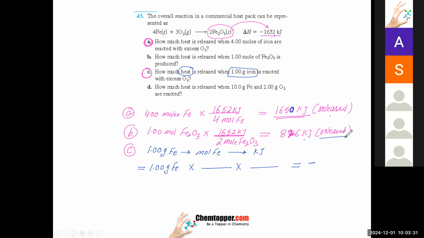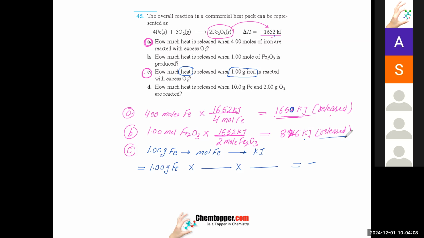Look at the periodic table to convert your Fe to moles. How much are you getting? Waiting for the answer. The answer should come in 3 significant figures because 1.00 gram is 3 sig fig.